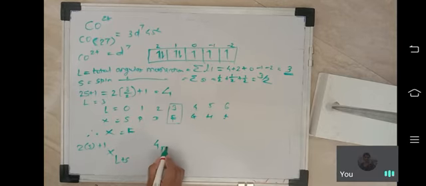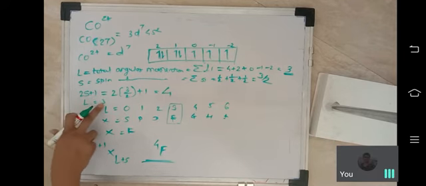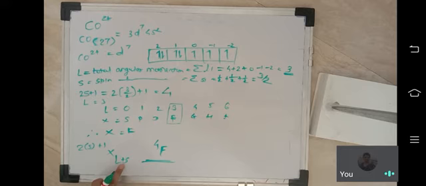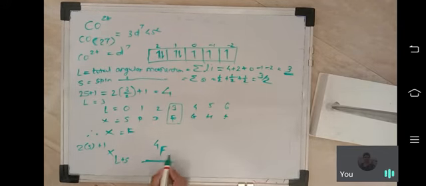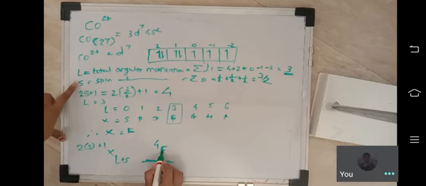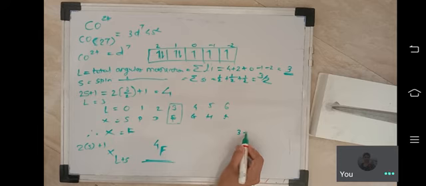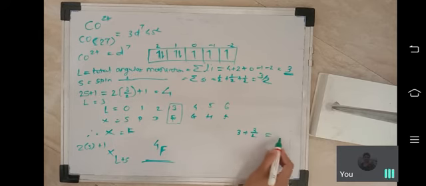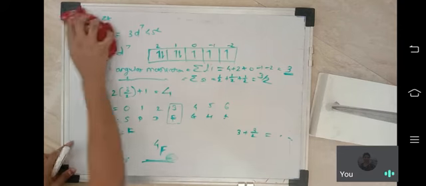Here quartet F. This is the ground state term, and L plus S, the value of L is 3, and what is the value of S? 3 by 2. That means quartet F, and here L means 3 and S means 3 by 2. You just calculate here and write it here. That means this is the ground state term of the cobalt 2 plus ion.